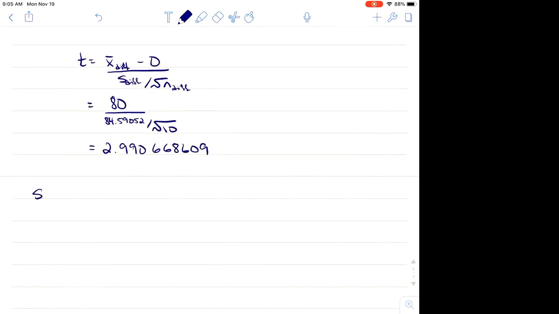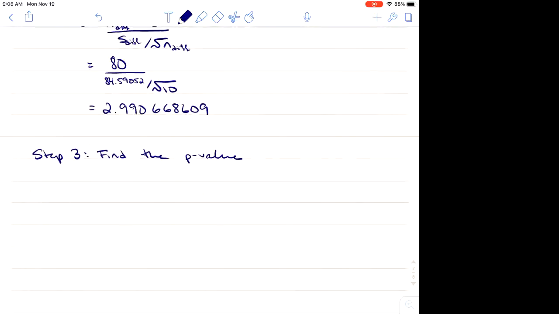So step 3, find the p-value. Here, now we're back into somewhat familiar territory, right? Once we have to find our p-value, then everything kind of stays the same, because now it doesn't matter how you got this. This t behaves the same way that the other t was behaving, right?